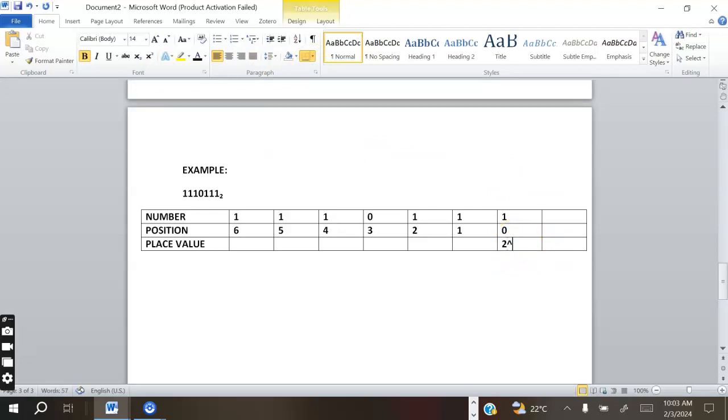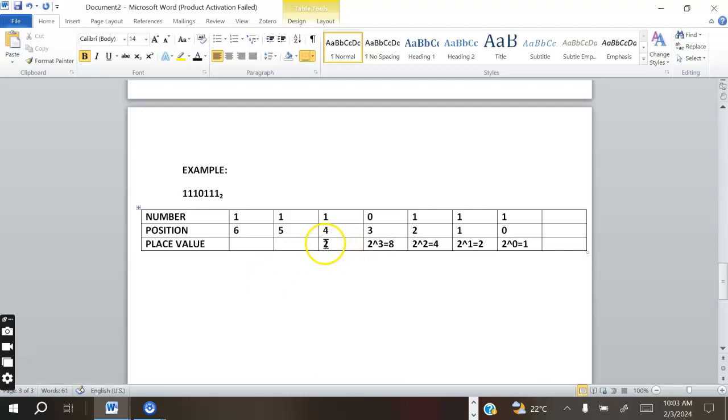So this is 2 raised to power 0, which is supposed to give us 1. 2 raised to power 1 is supposed to give us 2. 2 raised to power 2 is supposed to give us 4. 2 raised to power 3 should give us 8.